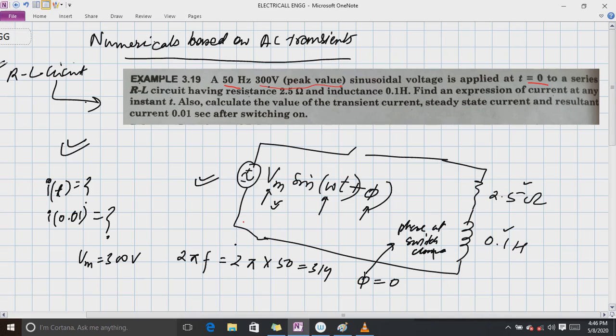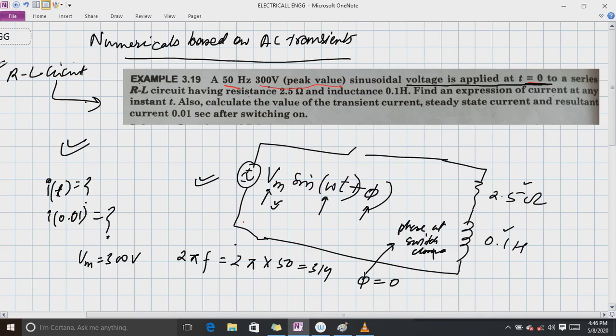Here it is written that the sinusoidal voltage is applied at t equals 0, so it is totally in phase. There is no such phase in the sinusoidal voltage source. So phi equals 0.